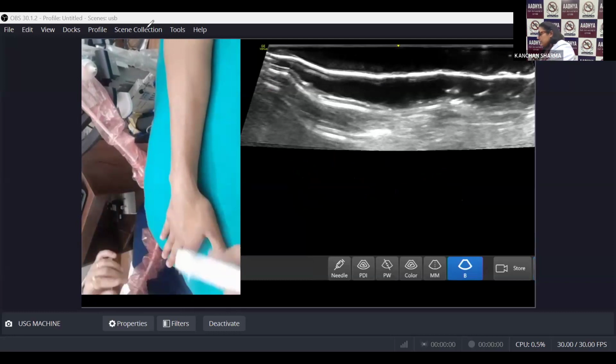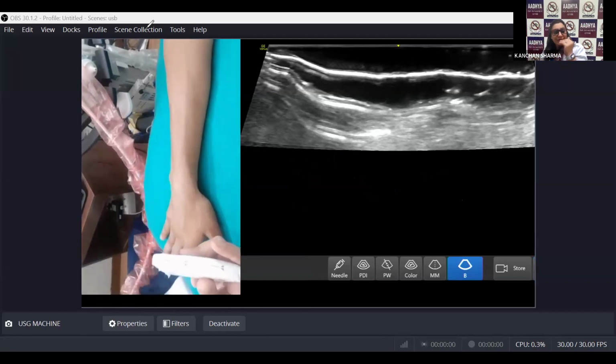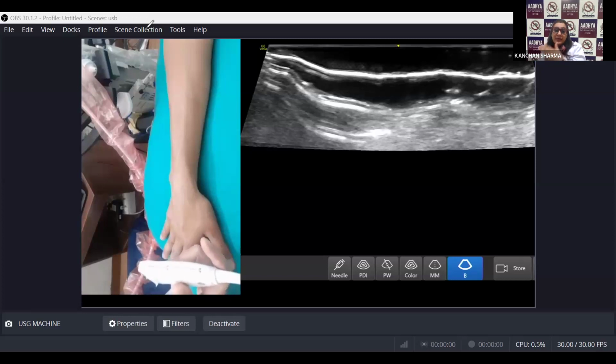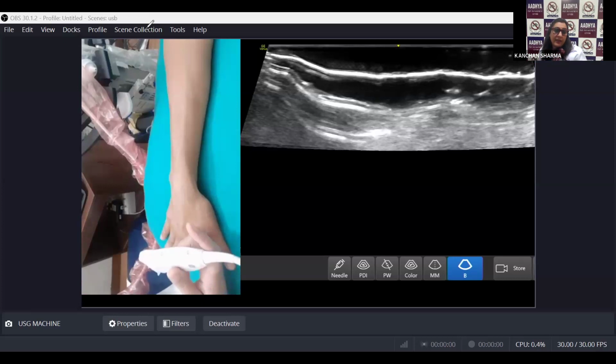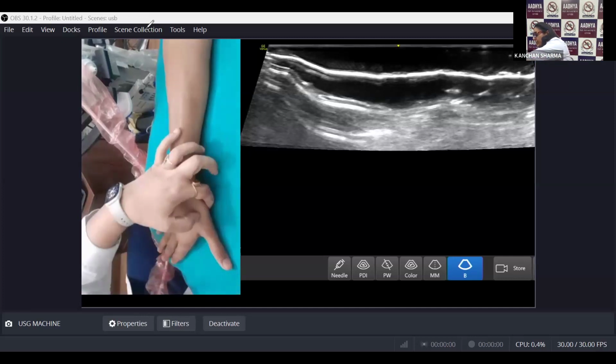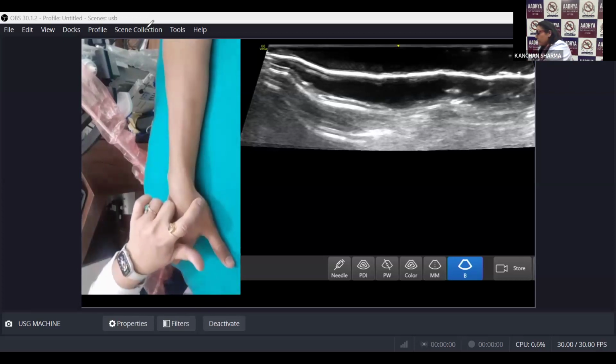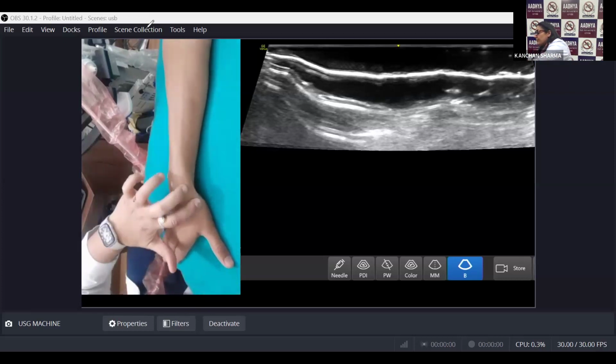Now, do not start from here because you might get confused. Always start from your metacarpal, then go to your carpo-metacarpal joint, and ultimately you will go to the midcarpal and then the radiocarpal. This bone which I'm palpating will be my metacarpal. This metacarpal is finishing almost till here, and this radius is almost finishing here.